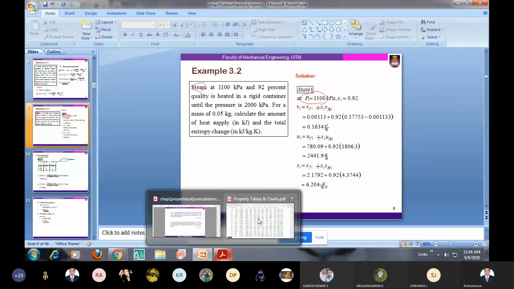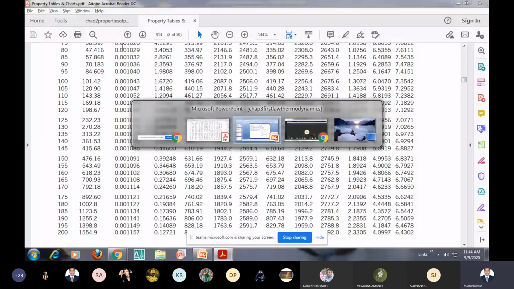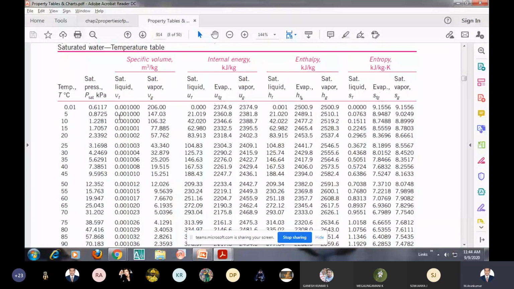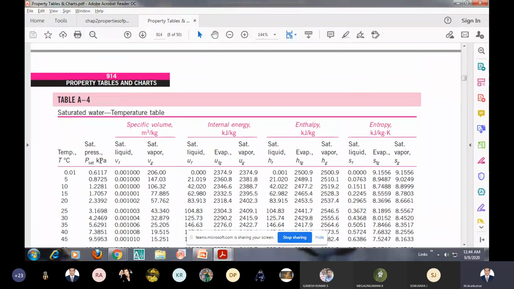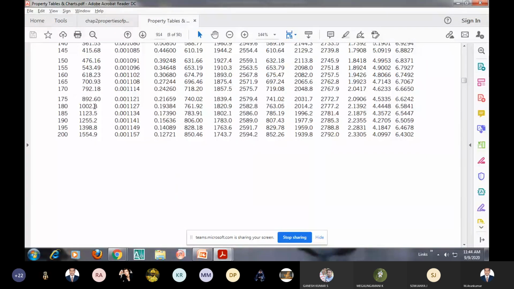The P1 value here is 1100 kilopascal, and the pressure values here are in kilopascal. Between 1000 and 1100 you have to use interpolation.